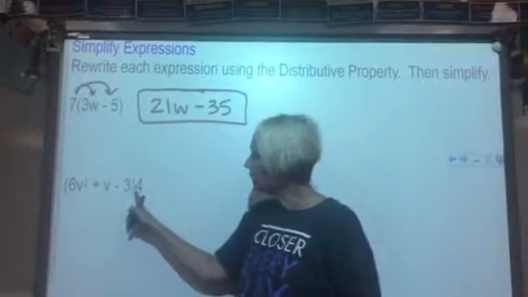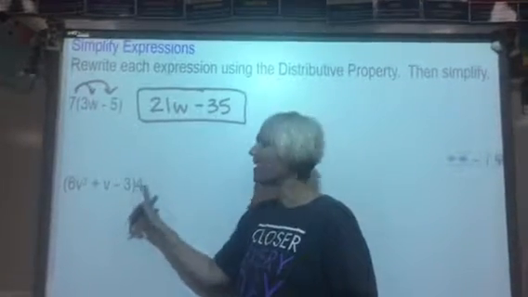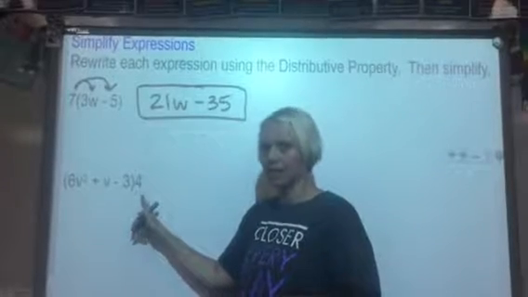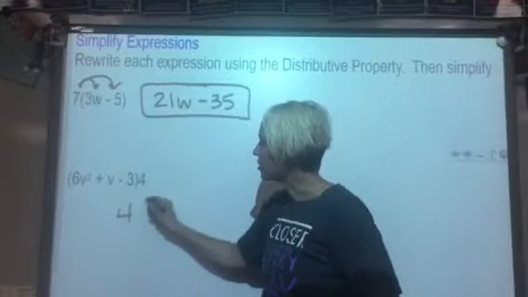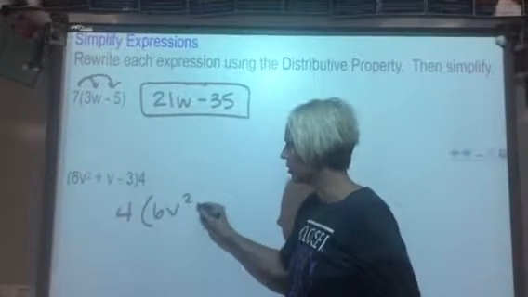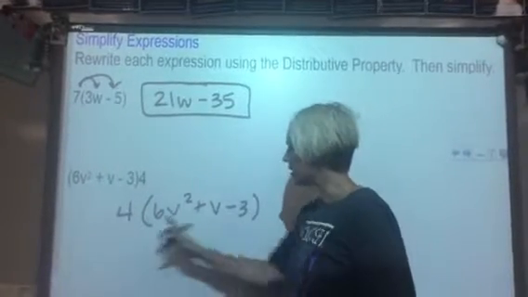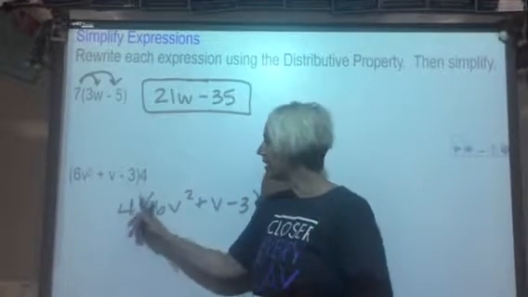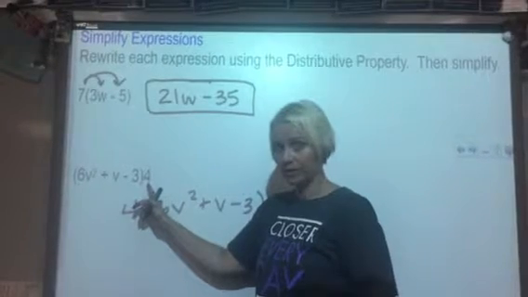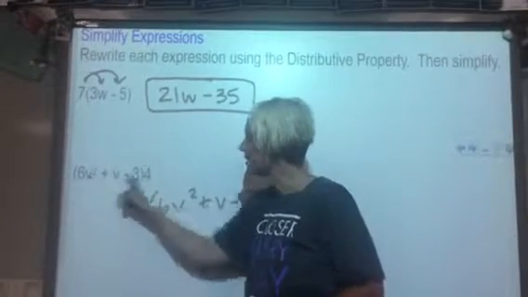In this example, do you see how the 4 is at the end? I do not like how the book does this. If I have a 4, it should be out front. I'm actually going to rewrite it to show you how this should look. And the reason I do this is so this is clearly something that is multiplied. This to me looks like a power. So you'll see some examples like this.